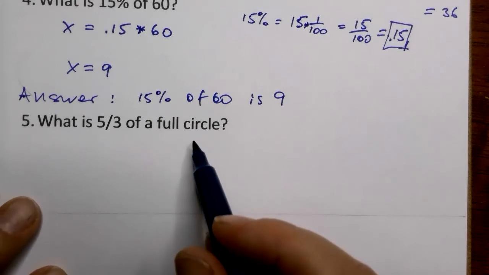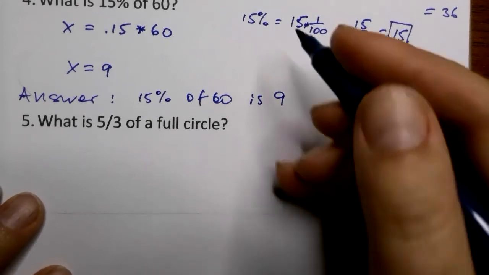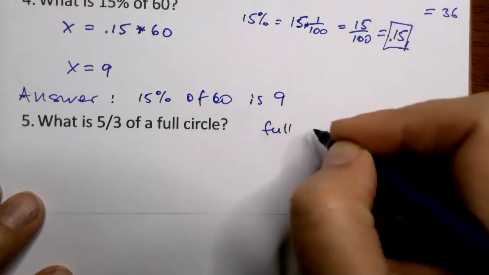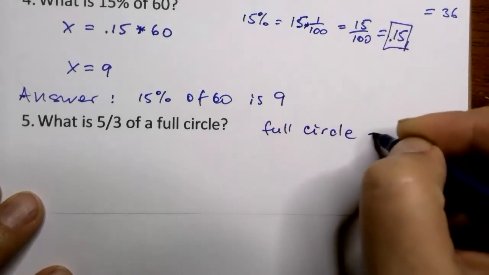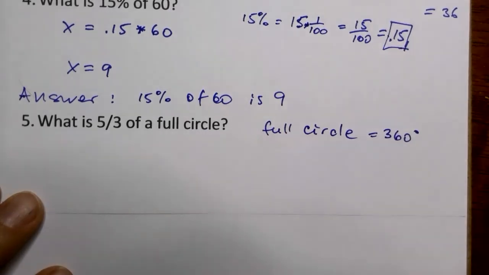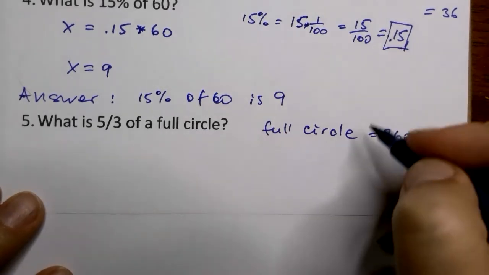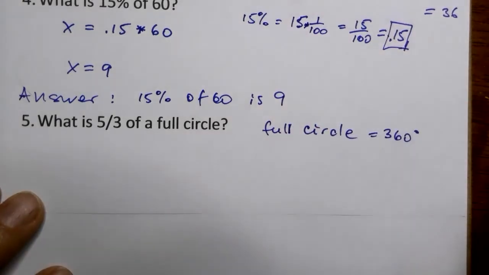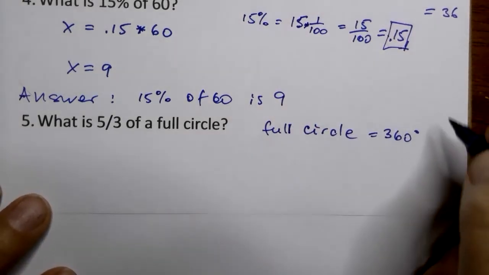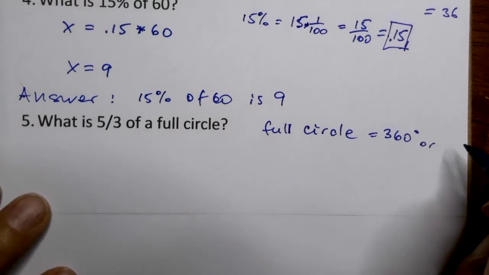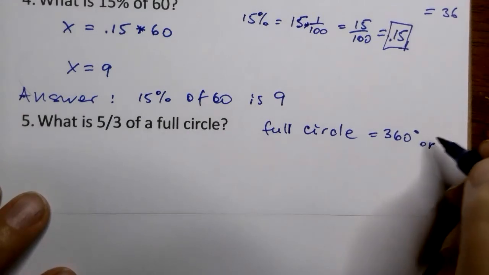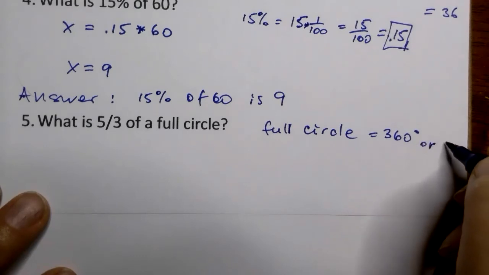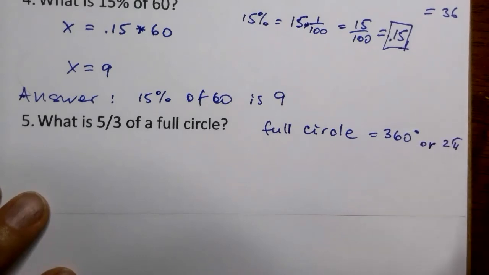And one thing that I want to remind you is that a full circle is 360 degrees, or I know you don't know that yet, but maybe. We're also going to use radians in this course. That's coming later. And 360 in radians is 2 pi. Just don't worry about it right now. You'll learn it soon. Okay, so the full circle is 360.